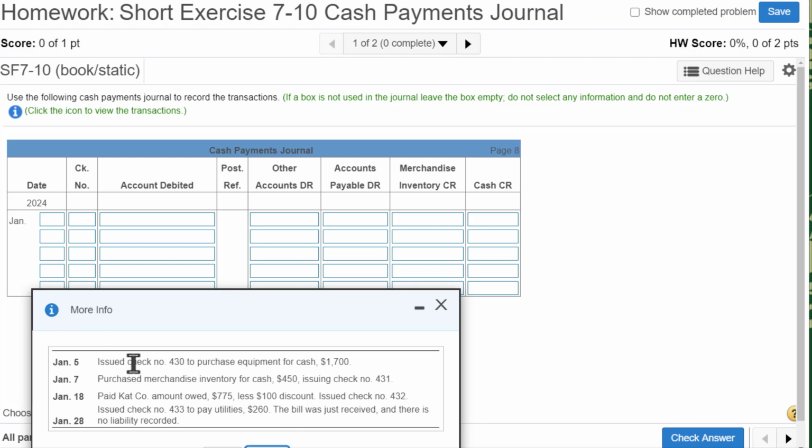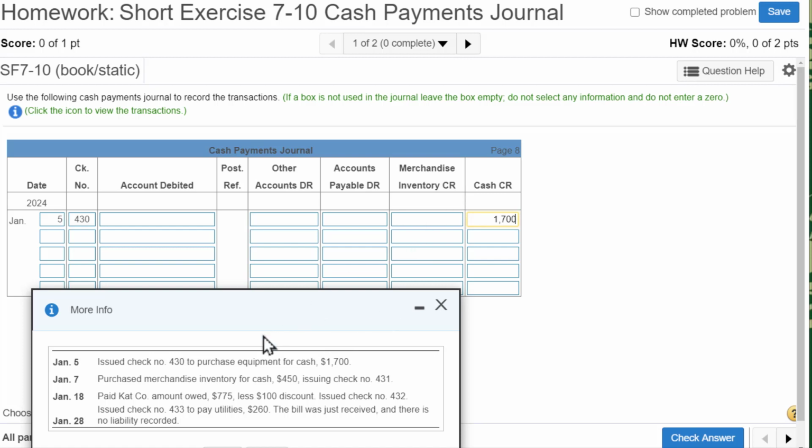January 5th, we issued a check. So check 430, January 5th, to purchase equipment. So equipment is going up for cash. Cash is going down, so I can copy and paste that. For the cash payments journal, I always like to do cash first since cash is always affected in the cash payments journal.